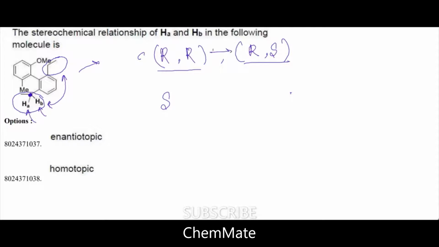So these two are mutually diastereomers. And if the configuration due to axial chirality is S, and for this stereogenic center it is R, then SR, or maybe SS, these two will also be diastereomers, and that's why HA and HB are mutually diastereotopic.